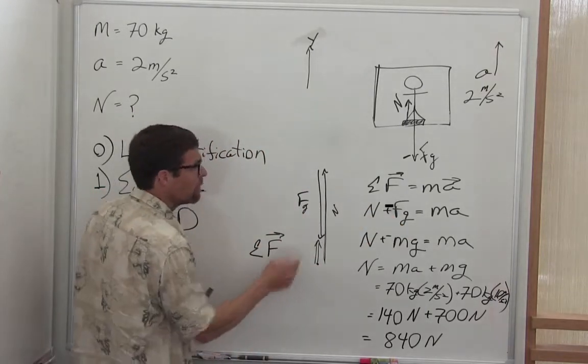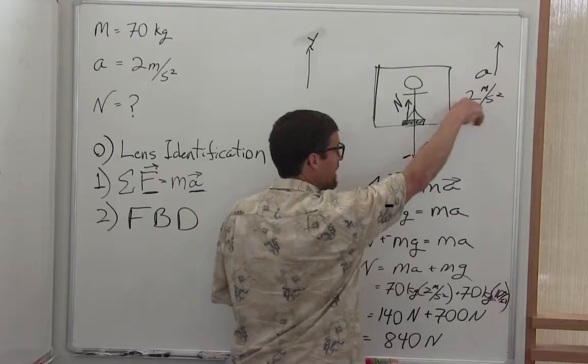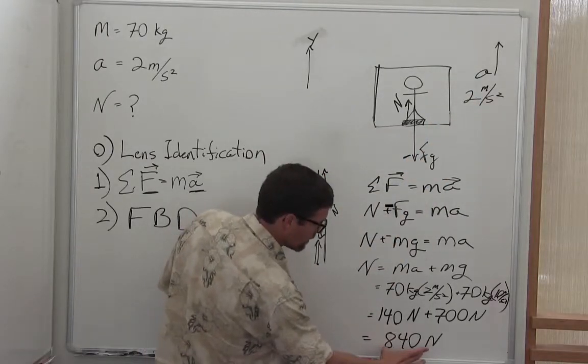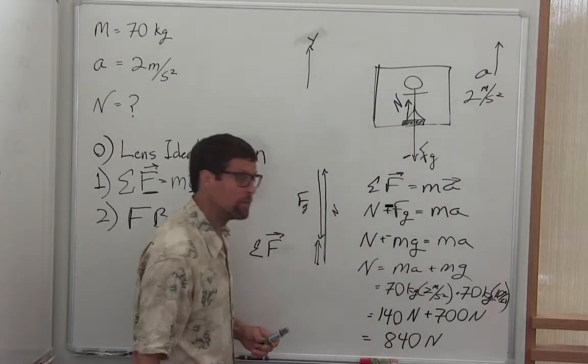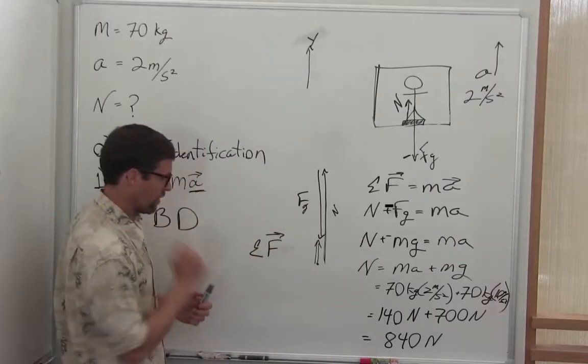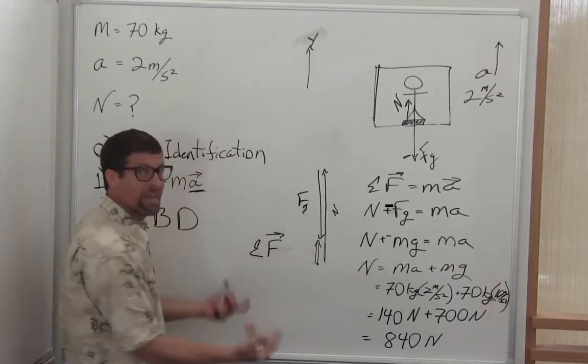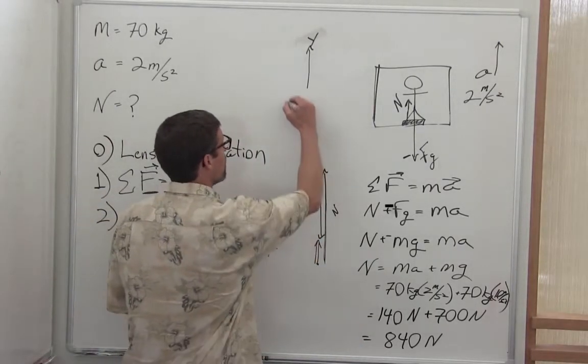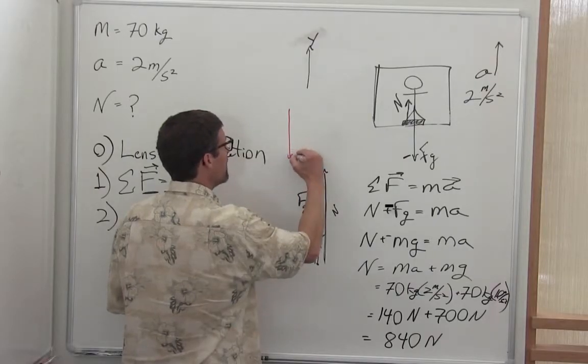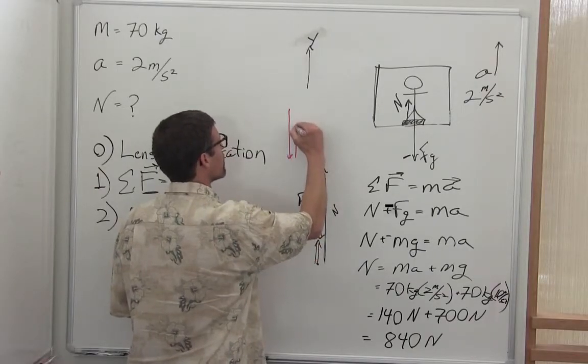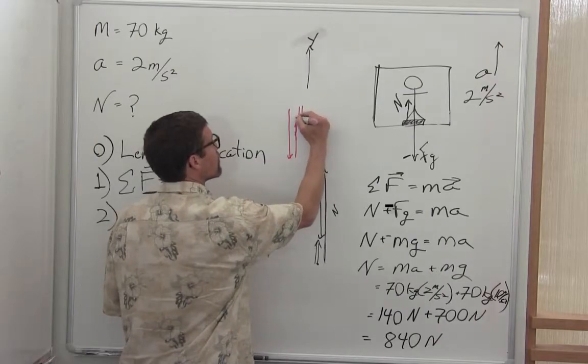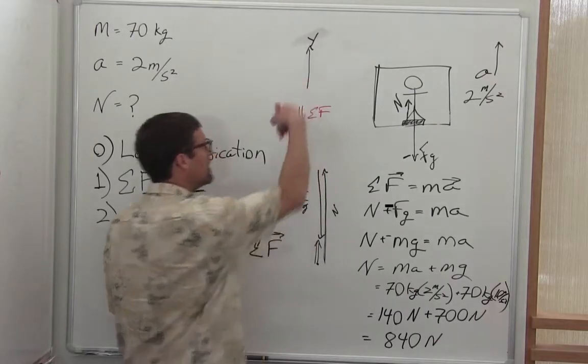And then the acceleration would be negative, and this would be only 560 newtons. And my drawing would be different, right? My drawing would then look like I originally drew it, where the force of gravity would be bigger than the normal force. And so the vector sum of the forces would be downward.